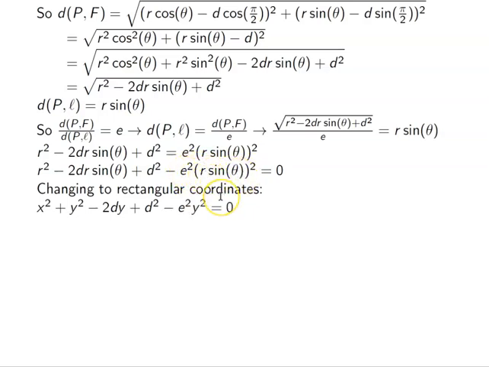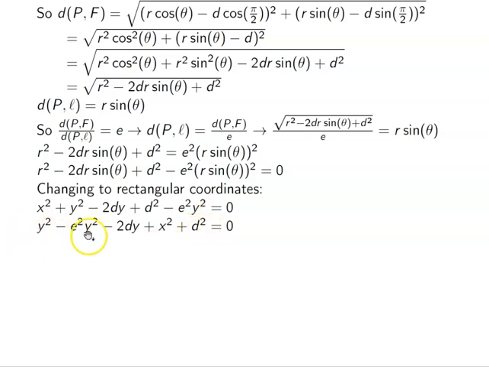So this is going to be e squared y squared equals 0. So now I'm going to move my y squares together, okay? And I'll just put them in front. So I have all my y squares in front, and then my regular y term trailing it. Here, this negative 2dy. Then I have my x squares, and then I have my constant, okay, d squared.